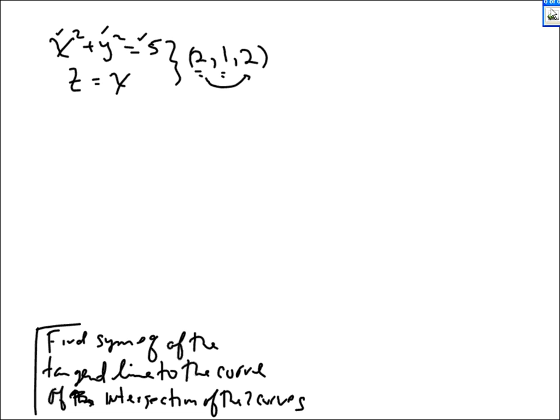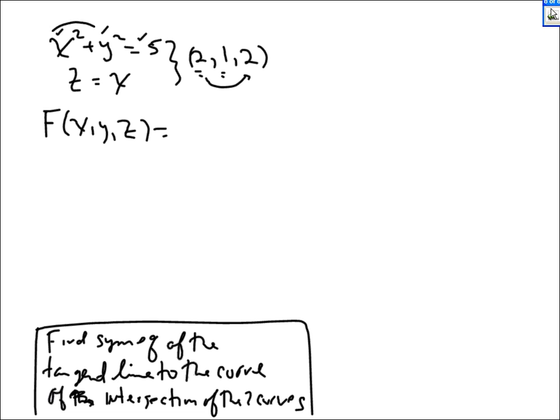And if that's not enough, we want to do more here. Actually, we just want to do this. So the first thing that you should do is the following. Define f of x, y, z to equal this, where we bring the 5 over: x squared plus y squared minus 5.